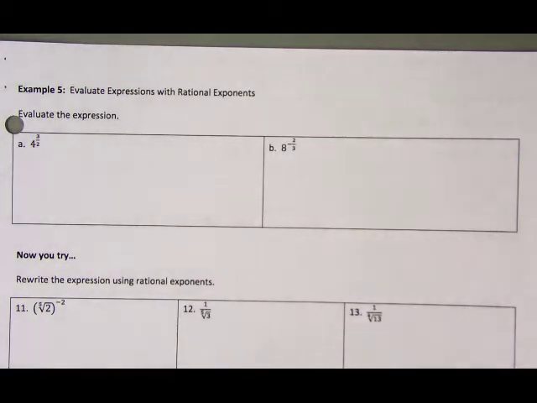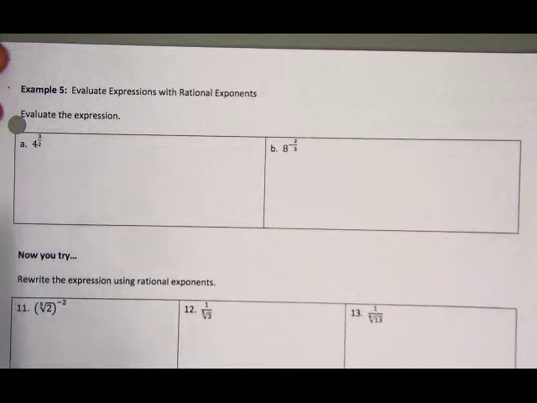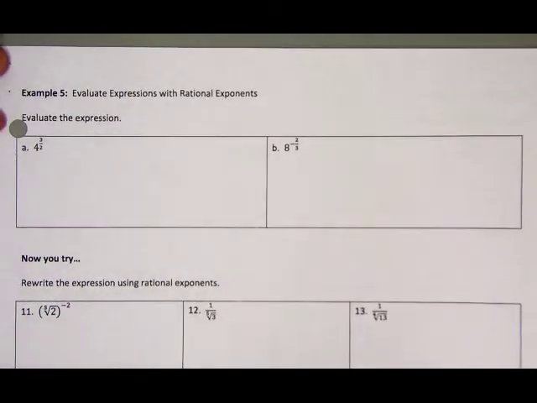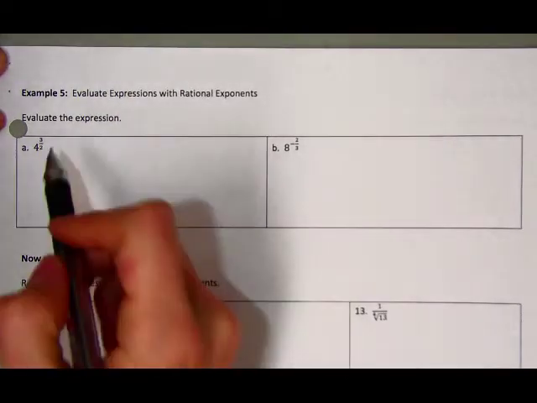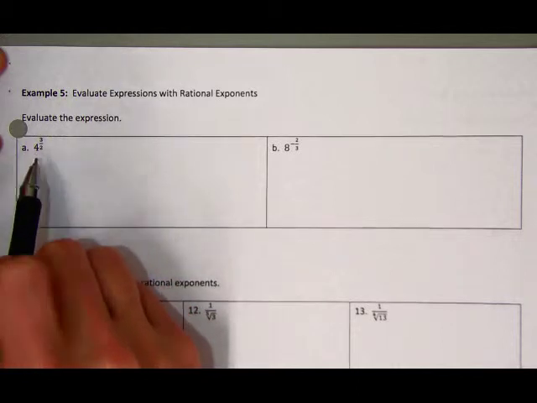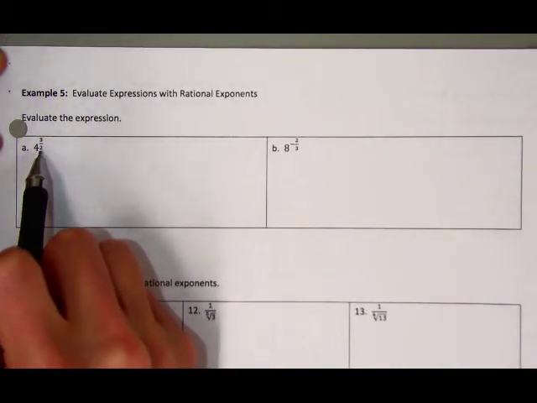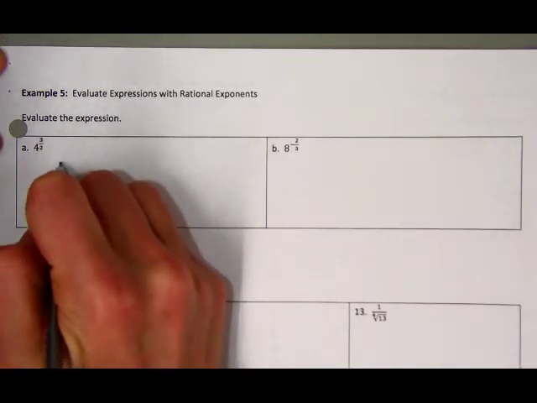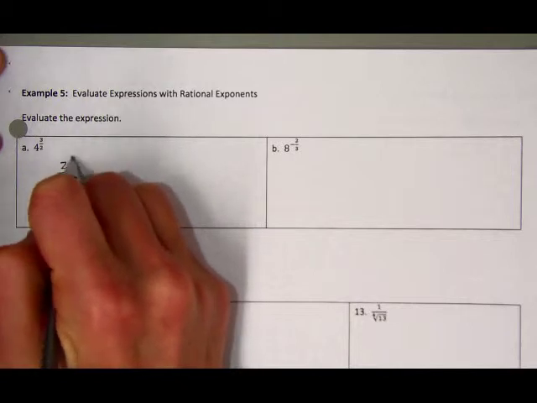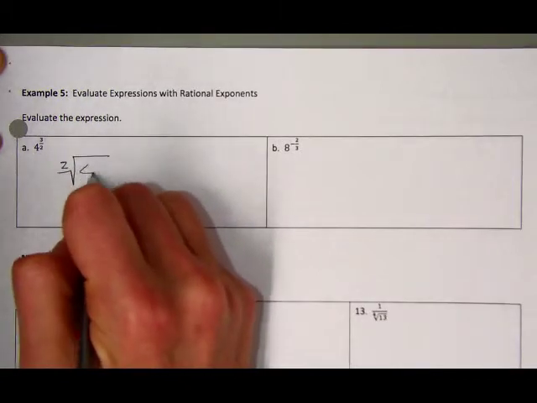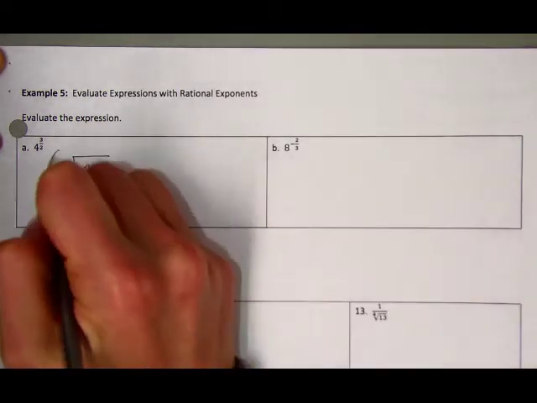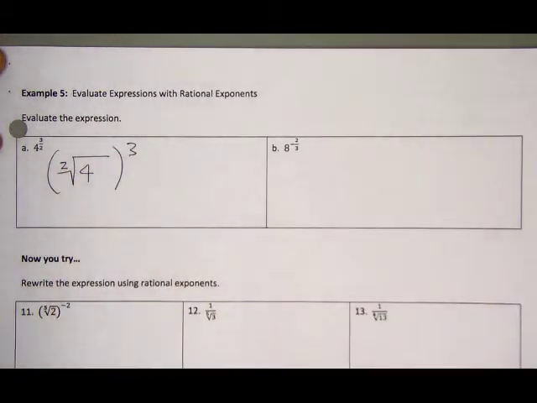So let's look at example 5. So we have it in exponential form. It may be a little bit easier to look at if we change it over to the radical form. So let's do that. Let's change it first to the radical form. So here you have your index of 2. So you're taking the square root, your base is 4, so you know your radicand's 4, and you're going to raise this all to the third power.